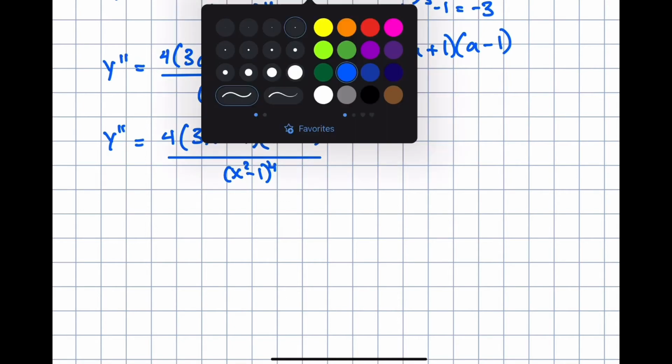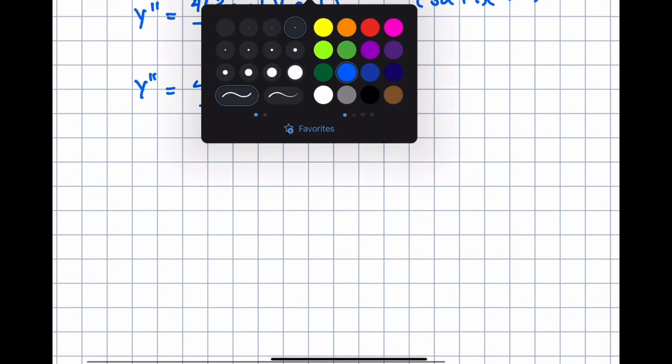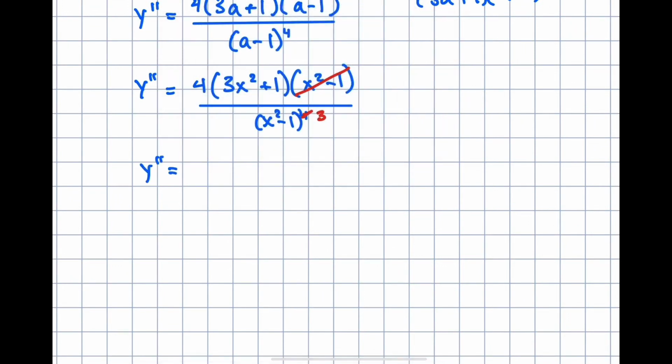Okay, so what happens here, not very satisfying after going through all that work, but the x squared minus 1 can cancel with this exponent here, which will reduce to a 3, and we're just left with 4 times 3x squared plus 1 divided by x squared minus 1 to the power of 3.